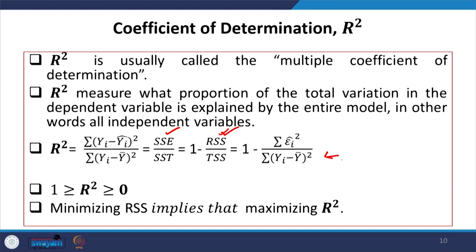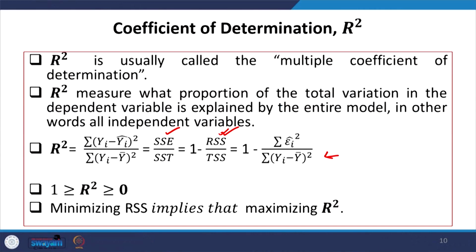So, we have explained. Now, the question arises here: after estimating this, what is the range of this value? We know that r could be from minus 1 to 1, but when we take the square of it, the term is converted to positive. So, in that case the maximum range is from 0 to 1.